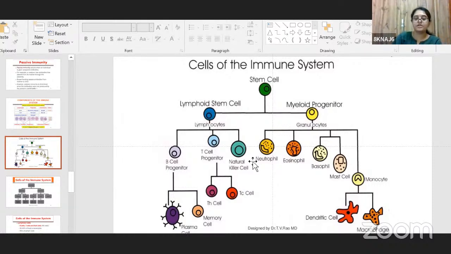Then after maturation, they give rise to the matured and completely developed cells. In the bone marrow, hematopoietic stem cells grow and mature in the presence of the stromal cells, which are non-hematopoietic cells, but they help in the growth and the differentiation of these hematopoietic cells.